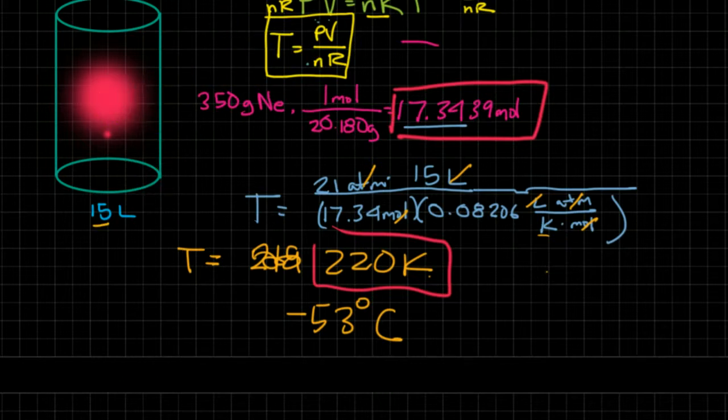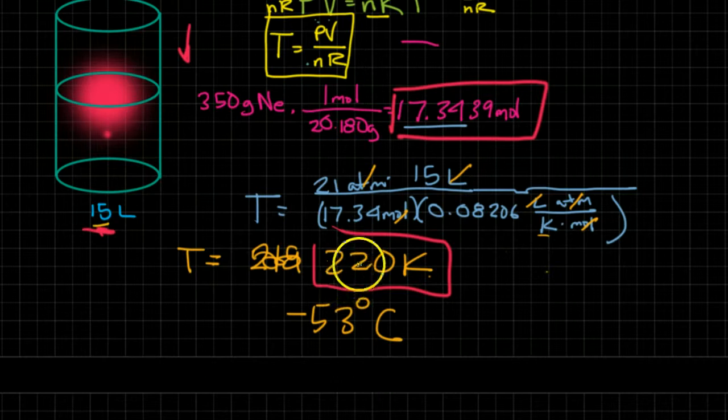Let's say I want to adjust the volume. I'm going to push it down, and as this goes down, what's my volume got to be? How much do I have to compress this?